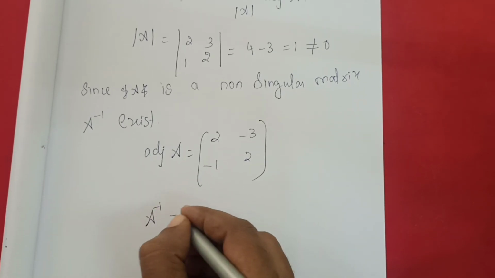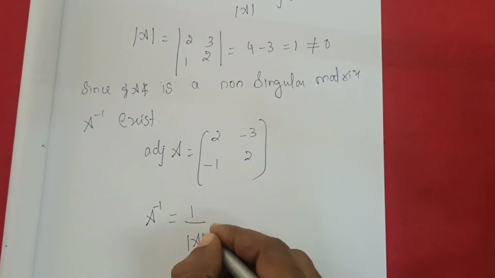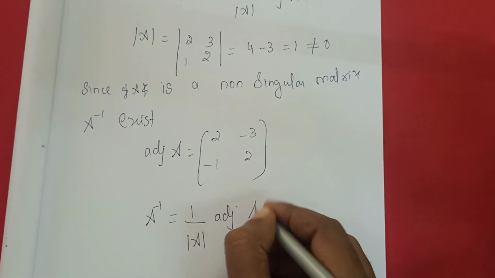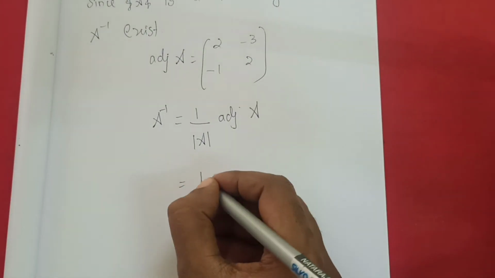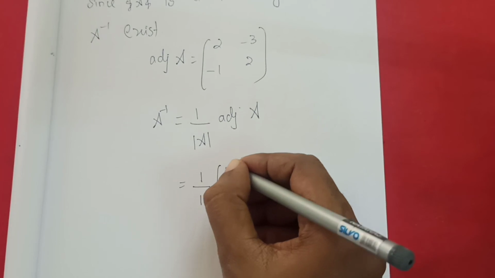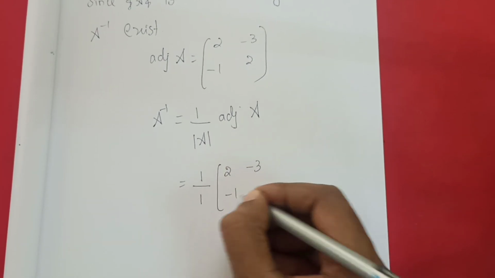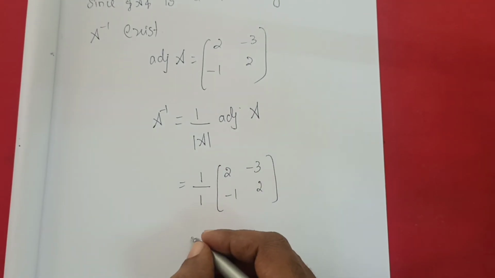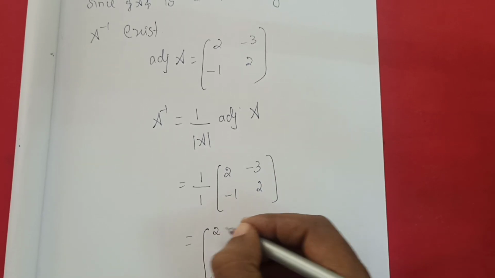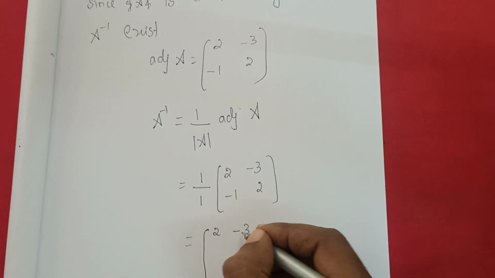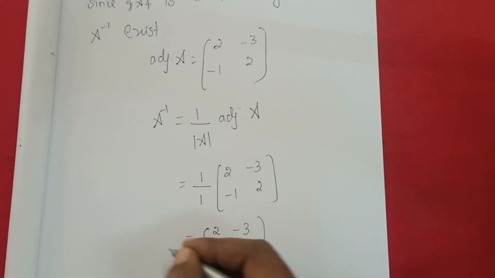Substitute: A inverse is equal to 1 by determinant of A into adjoint of A. That's equal to 1 by 1 into 2, minus 3, minus 1, 2. We are going to divide by 1, so the same answer only you will get. 2 by 1 is 2; minus 3, minus 1, 2. This is the answer.